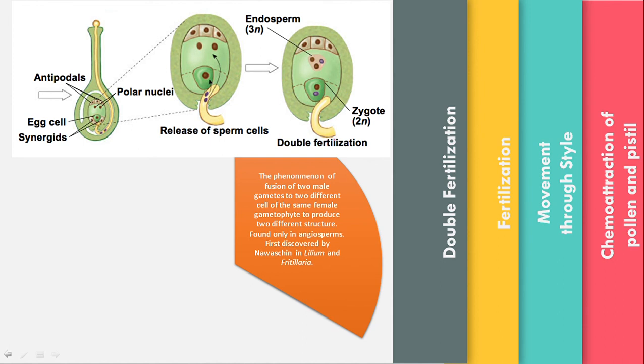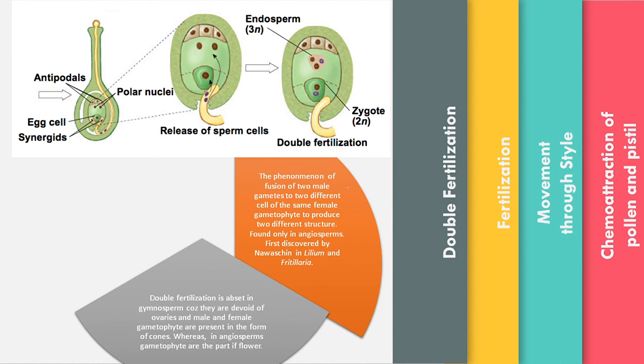So this type of phenomenon is known as double fertilization, and it is only found in the angiosperms, and it was first discovered by Nawaschin in Lilium and Fritillaria. See, why is double fertilization absent in gymnosperms?